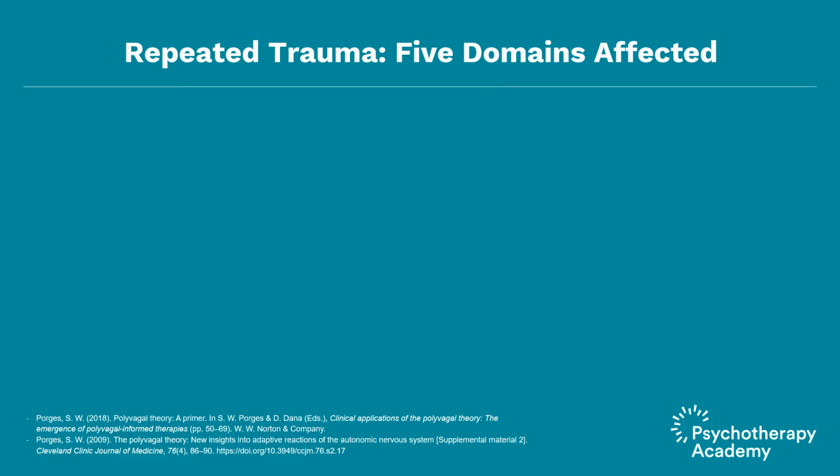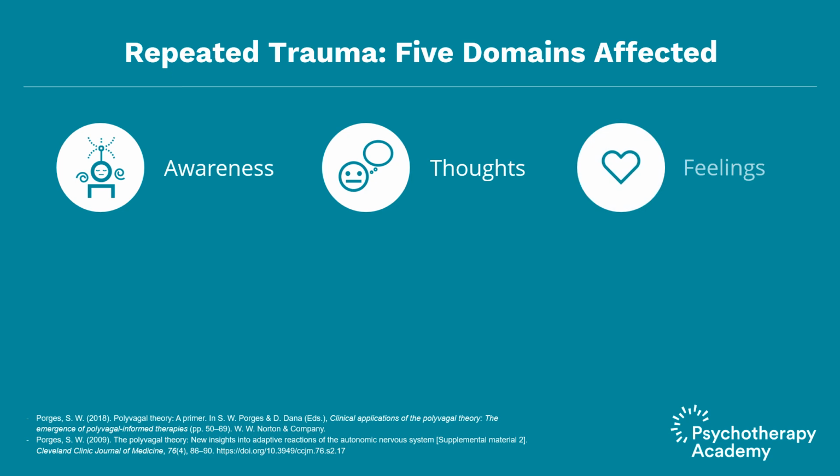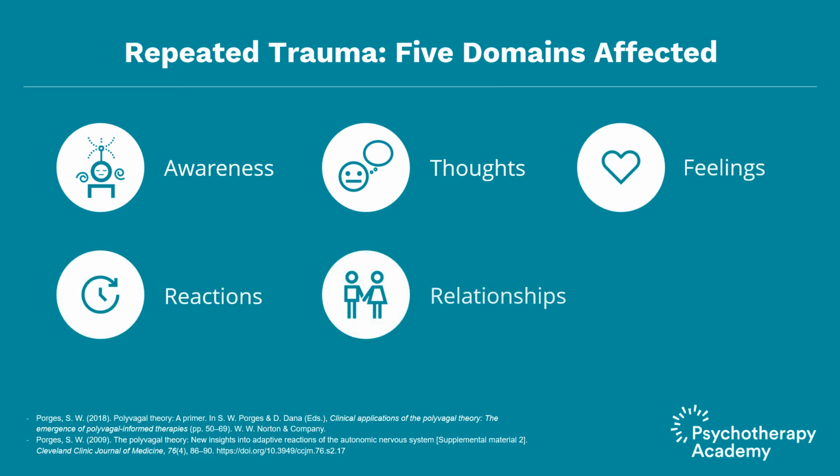And this affects 5 domains in particular that we'll talk a lot about throughout this course: awareness, thoughts, feelings, reactions, and relationships. What happens in each of these 5 areas is the person ends up either having too much of a response or not enough.